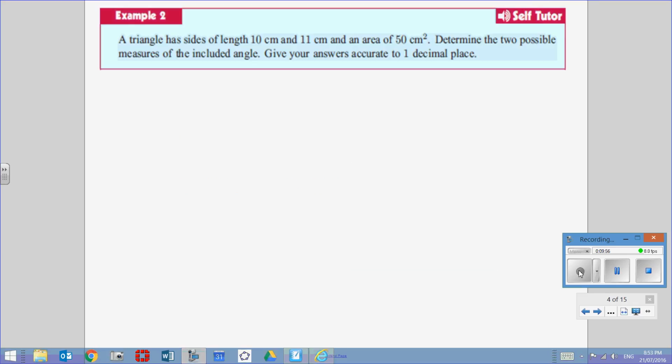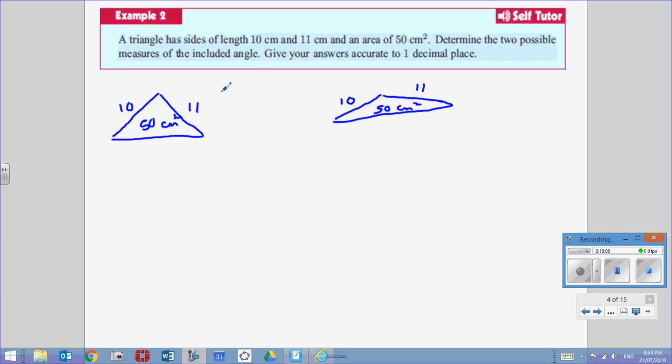For the last example, go ahead and try to set up a picture of what this looks like. When you're not given a diagram, some of us might have set up an acute triangle, and some of us might have set up an obtuse triangle.